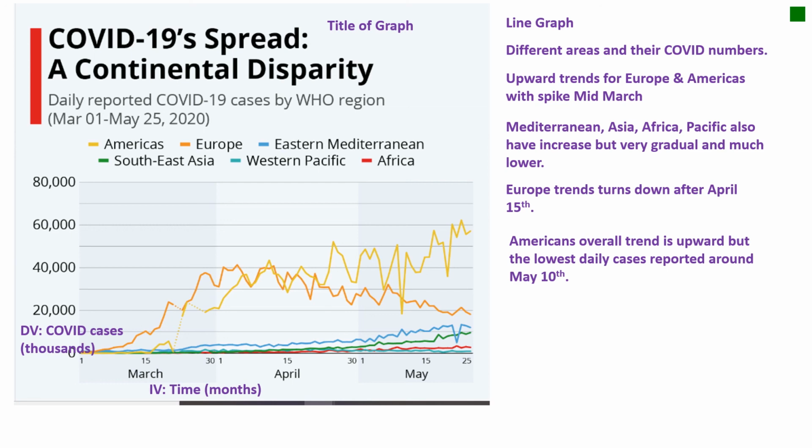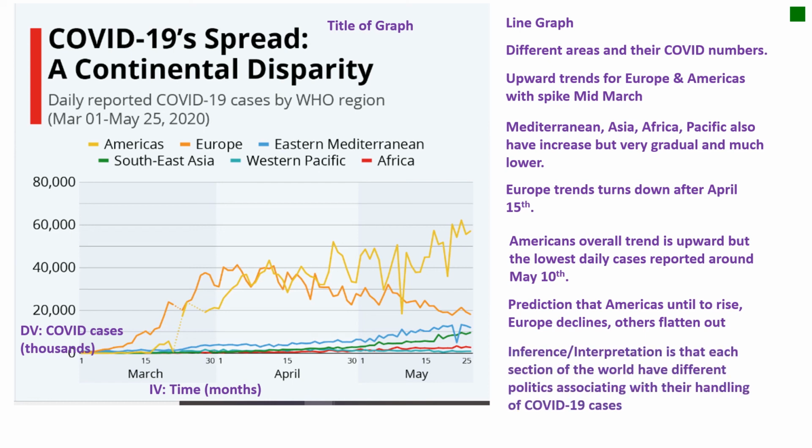But there was an interesting spike around May 10th. You could probably make a prediction that the Americas will continue to rise, Europe continue to decline, and the others would possibly flatten out. And your inference or your interpretation is that each section of the world have different politics associating their handling of COVID-19 cases.